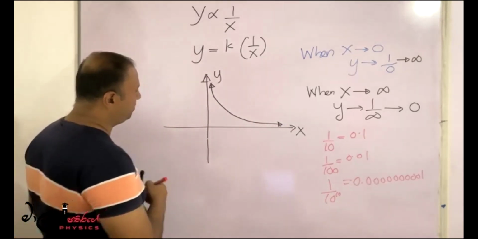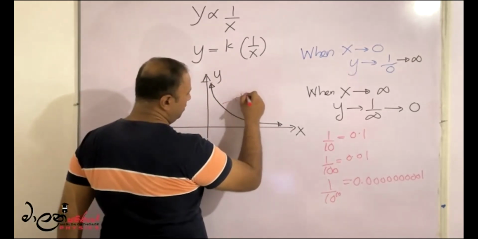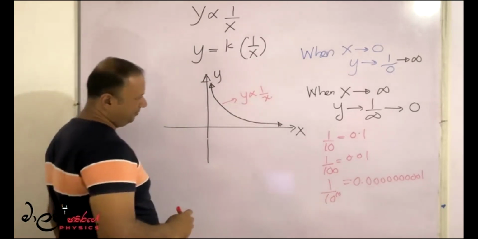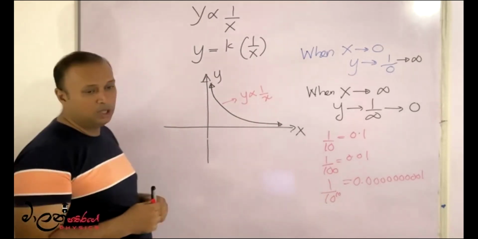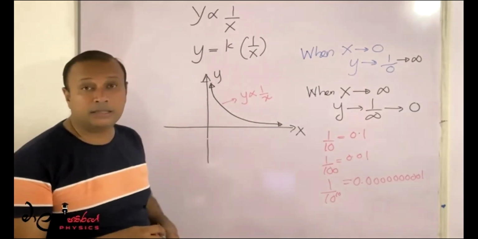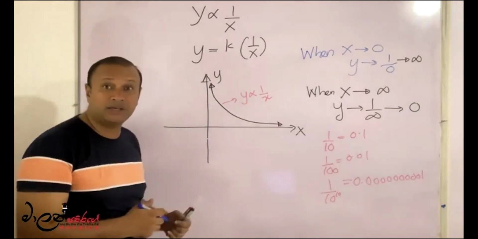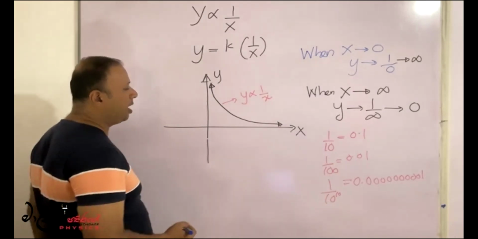So the relationship is y indirectly proportional to x. Normally we call this a rectangular parabola. This shape is called a rectangular parabola.